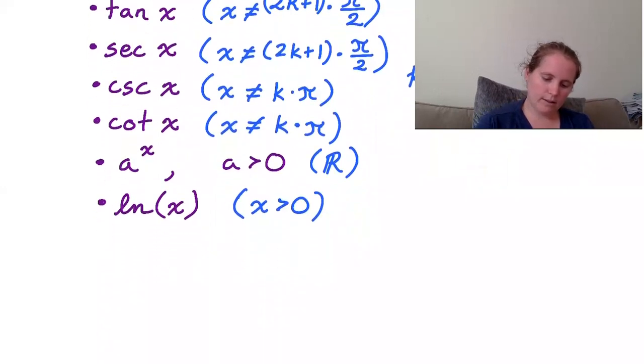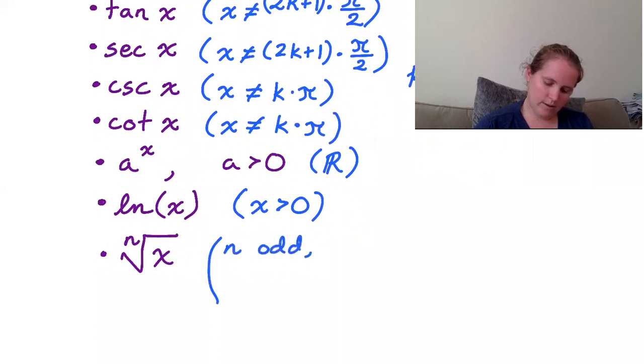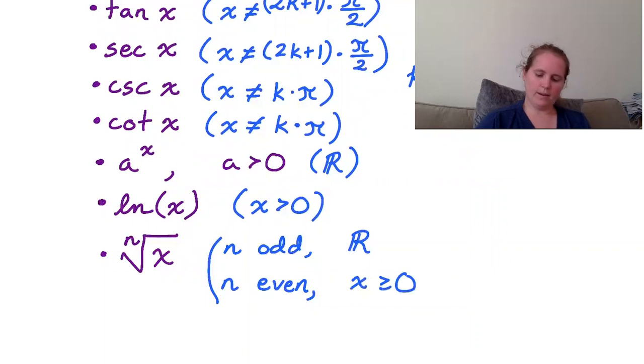And then last up, for our special functions, if we look at the nth root of x, where n is a positive integer. If n is odd, this is the whole real number line. If n is even, then we're looking at x greater than or equal to 0. Again, n is a positive integer.